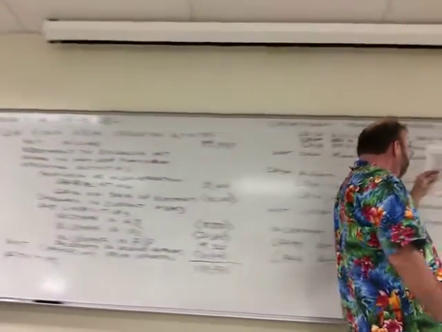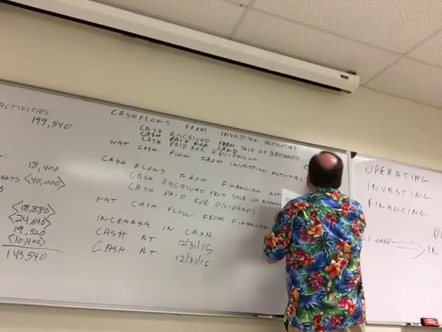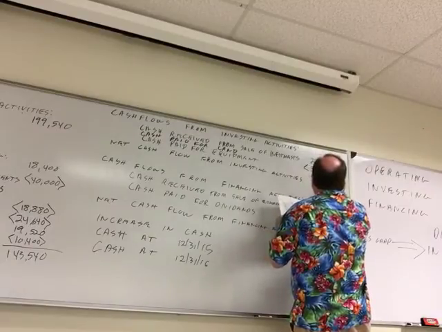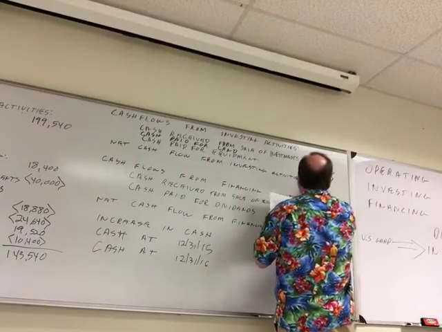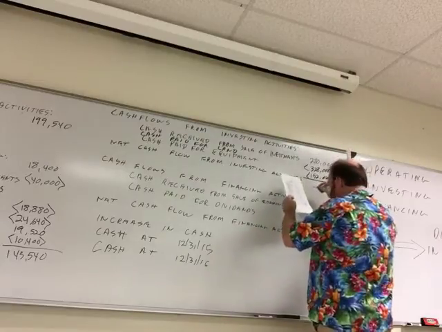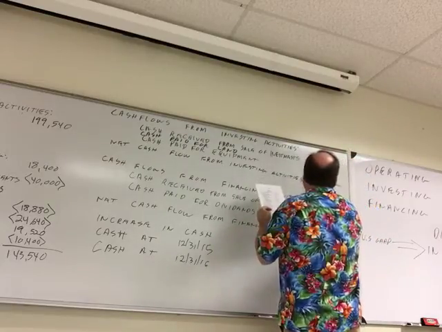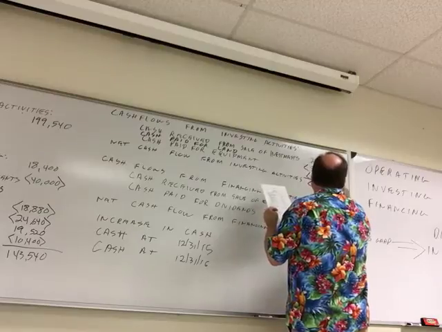And it told us here in item B, equipment and land were acquired for cash. Equipment went from $553,120 up to $705,120. So cash paid for equipment was $152,000. If you add all that up, we have a negative now, $200,000.